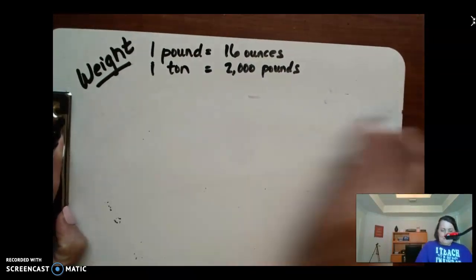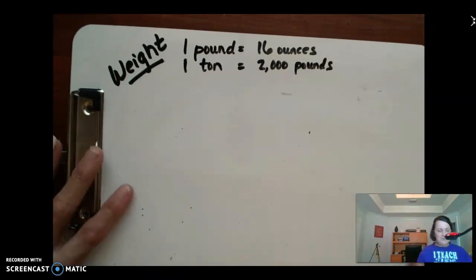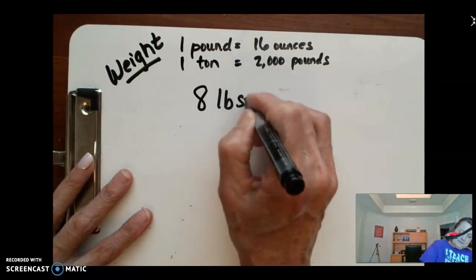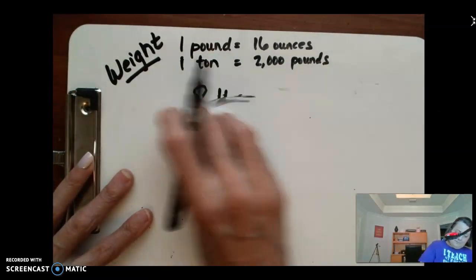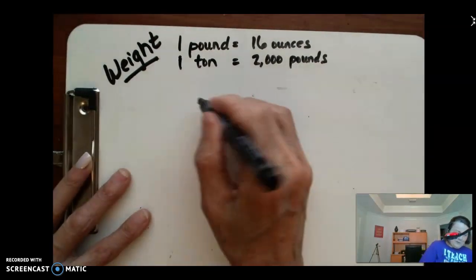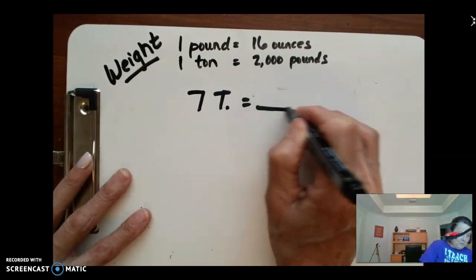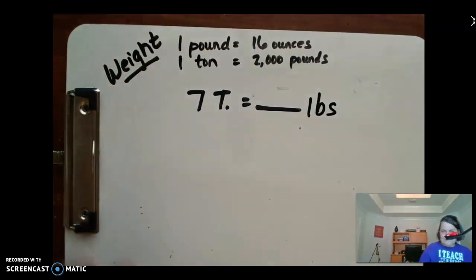Okay. All right, let's do one more, and I want you to do this one. All right, let's write this down. 8 pounds is equal to, oh no, sorry, my bad. I like this one better. 7 tons is equal to how many pounds? 7 tons is, that's an L, sorry.